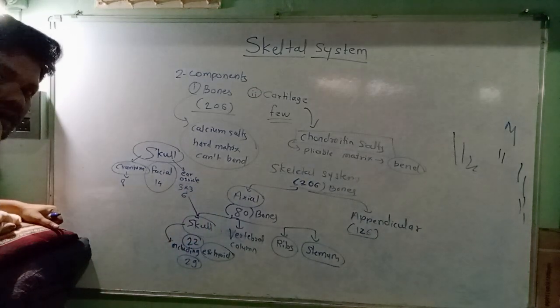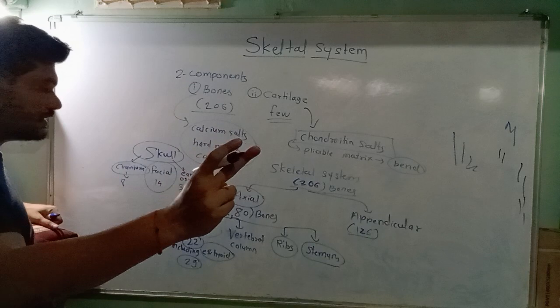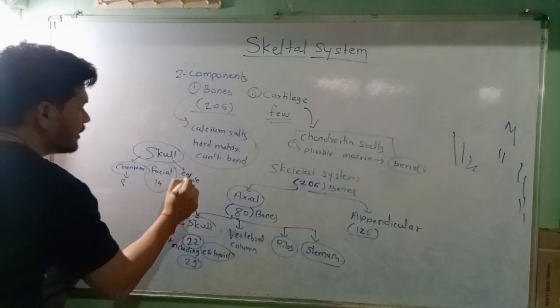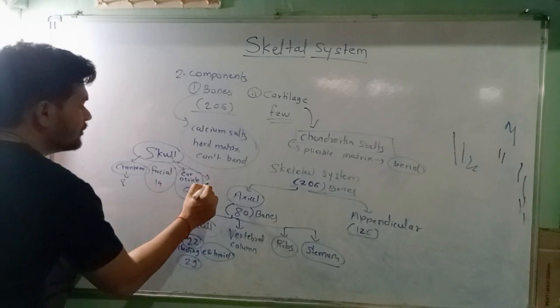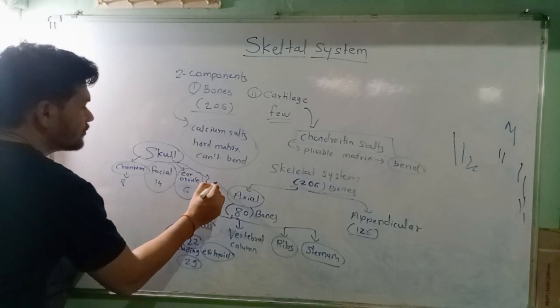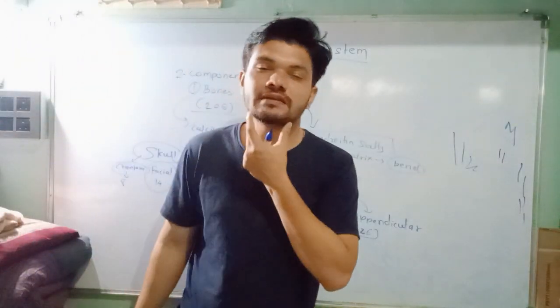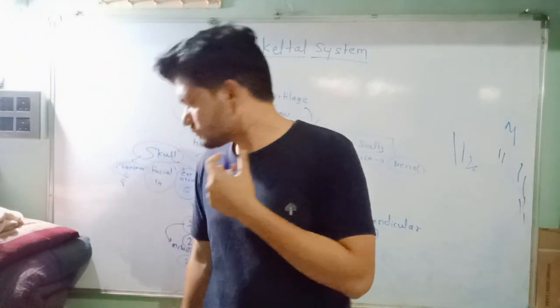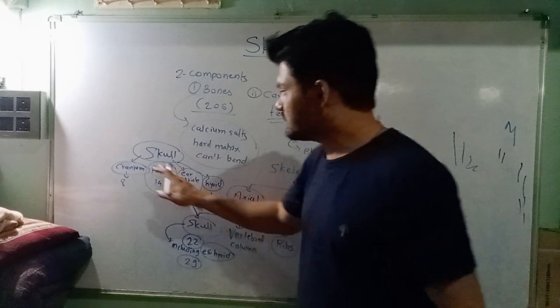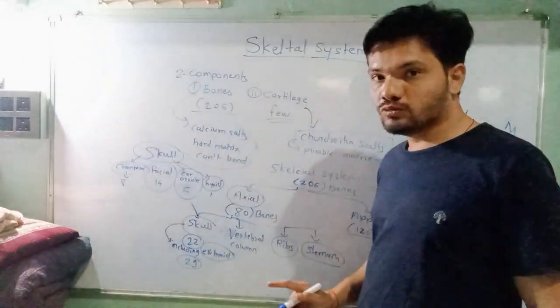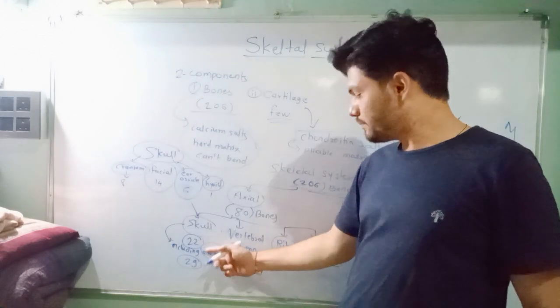Each ear contains 3 bones, means 2 ears contain 6 bones. So here I am writing 6 and 1 hyoid. Hyoid is the bone present at the base of your buccal cavity. So total skull has 29 bones. NCERT has given 22. That's why I have written 22 here.